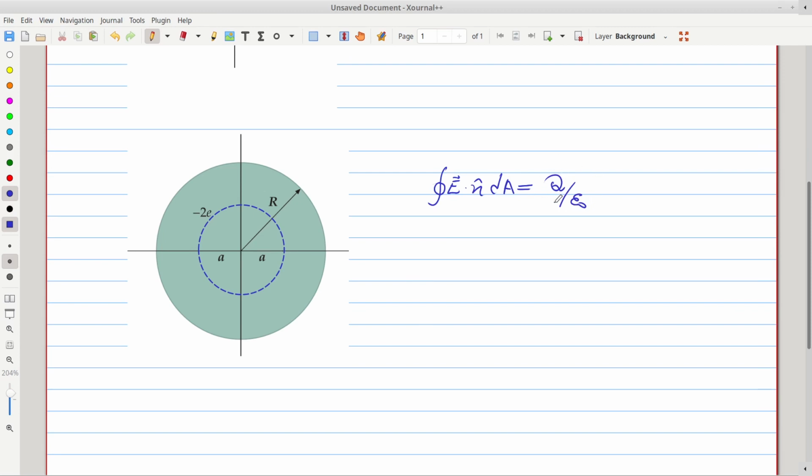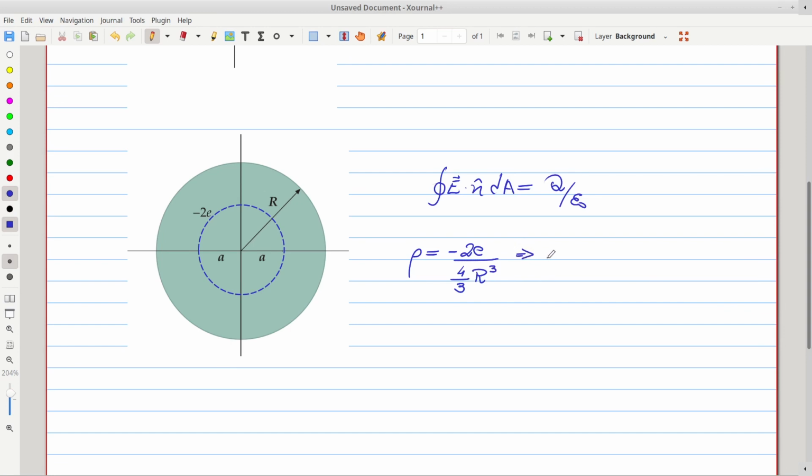To write the charge, we can write the charge density equals minus 2e divided by the volume of the sphere. That's it, 4 divided by 3 pi r to the third.